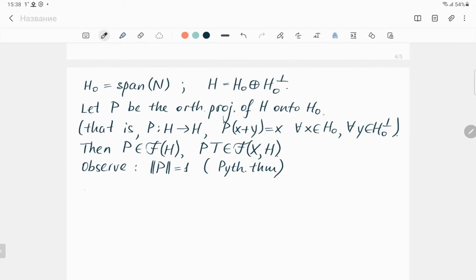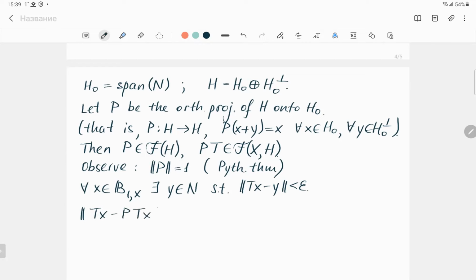Now, since N is an epsilon net for the image of the unit ball, for each element x in the unit ball of X, we can always find an element y in our epsilon net N such that the norm of Tx minus y is less than epsilon. And if we now look at the distance between Tx and PTx, we can estimate this as follows: the norm of Tx minus y plus the norm of y minus PTx.